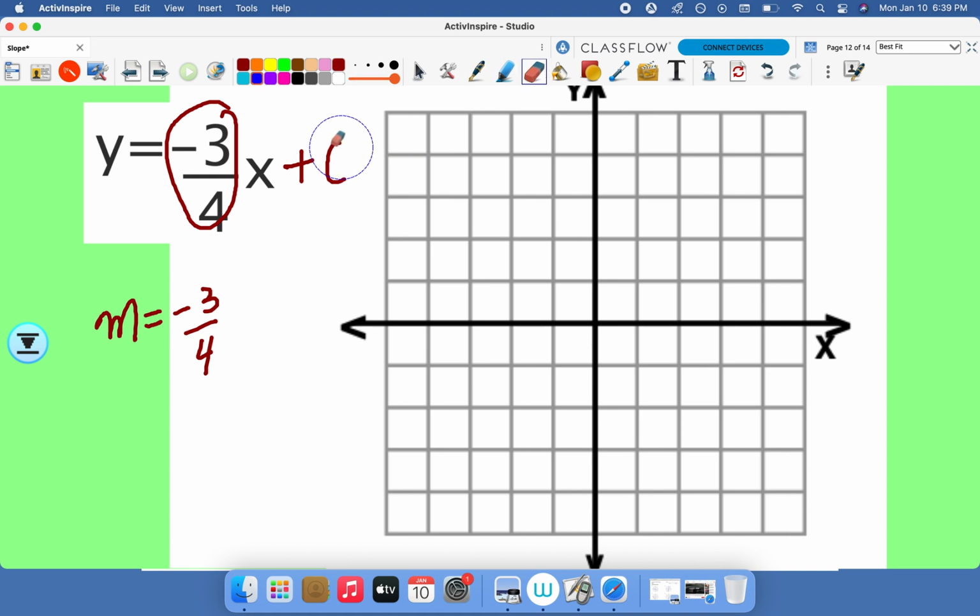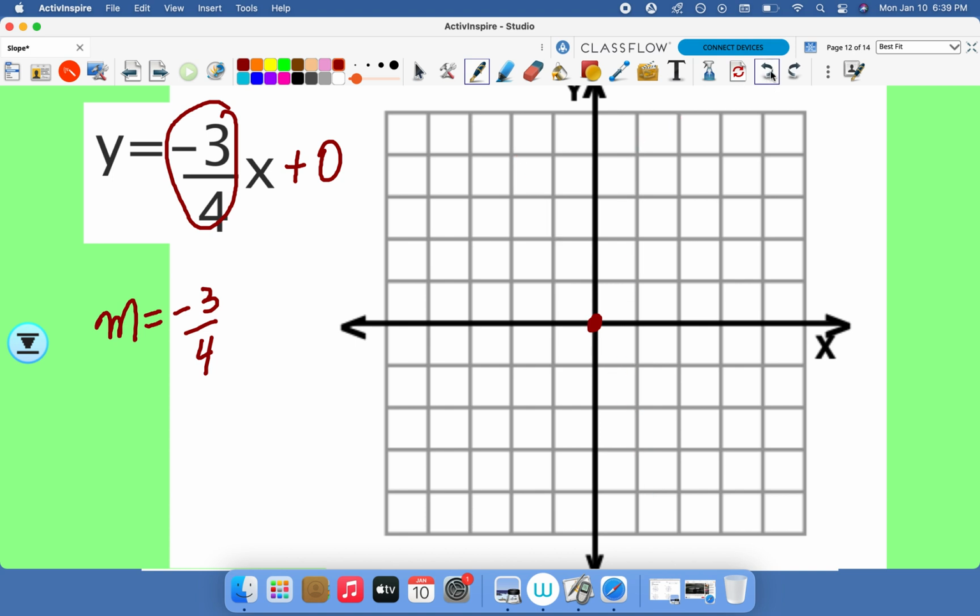No, we don't, right? In this case, since it's +0, where is this line crossing the y-axis? It crosses right here at the origin. So this is a line with a negative slope going down, crossing the origin.